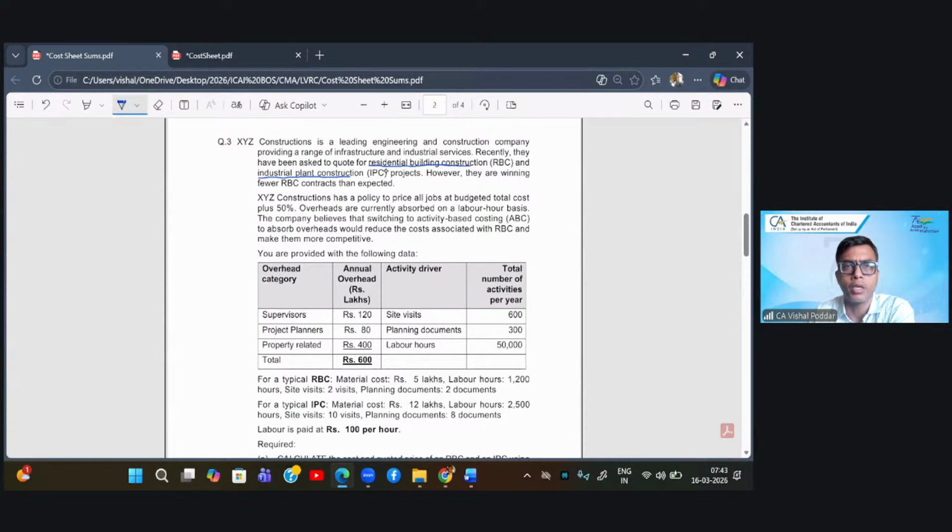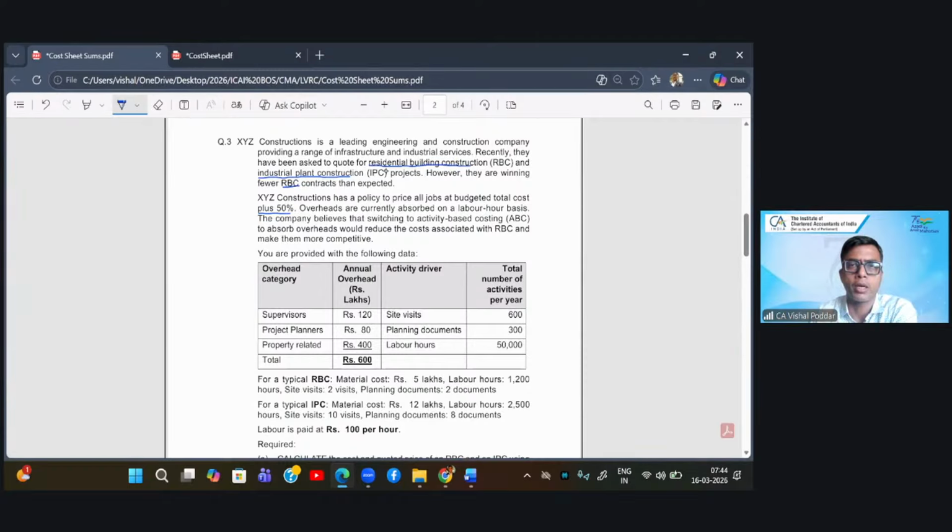However, they are winning fewer RBC's contracts than expected. It means there is some problem with their RBC costing, maybe because it is given that they are winning less number of contracts. Now, XYZ Construction has a policy to price all their jobs at budgeted cost plus 50%. So their profit margin is 50% on their total cost.